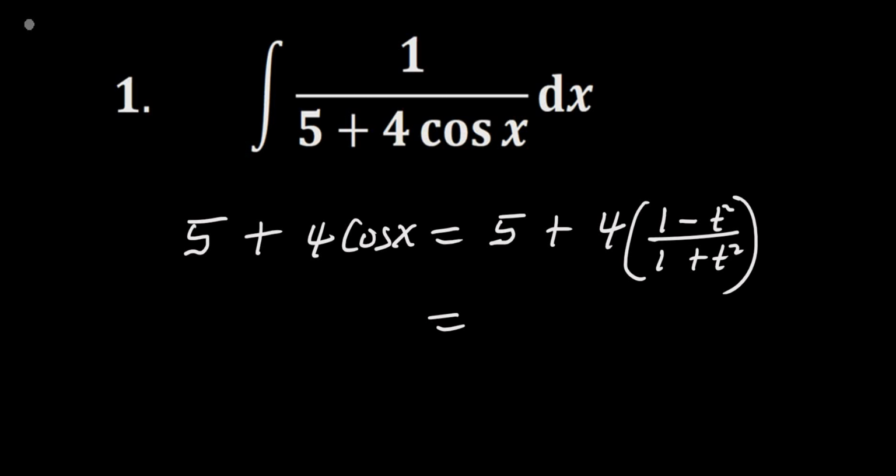So this will be equal to 5 plus 4 times (1 minus t squared) over (1 plus t squared).